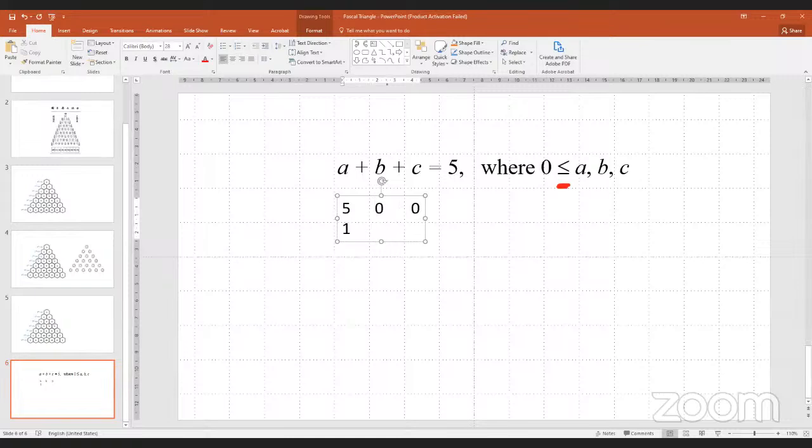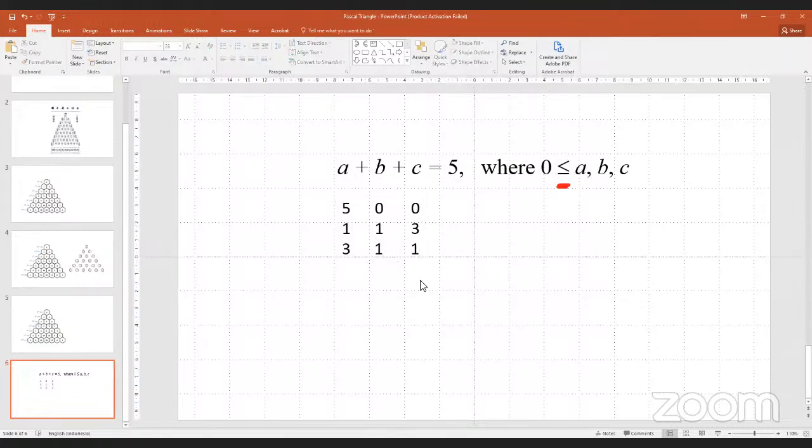Okay, the other possible things is, for example, you have this and then 3, and you have also 3, 1, 1.